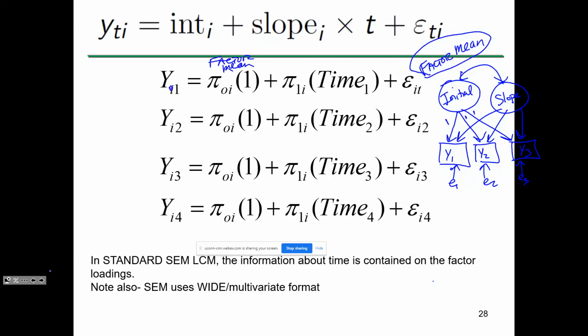So let's leave the i's out of it for a second to make this simpler. The expected value at time 1 is going to be a function of the factor mean that I'm going to estimate up here, that latent variable, times 1, because I constrained the loading to be 1, plus the mean for the slope.